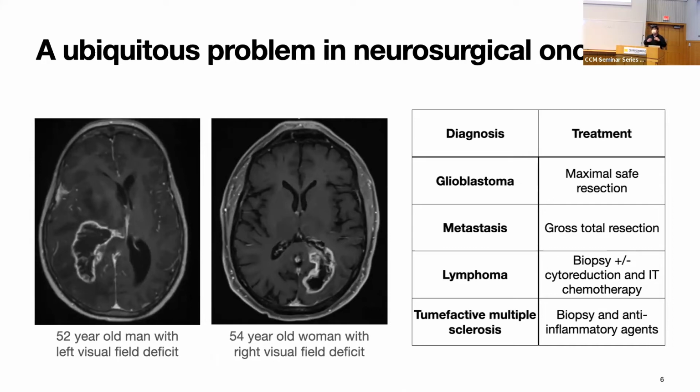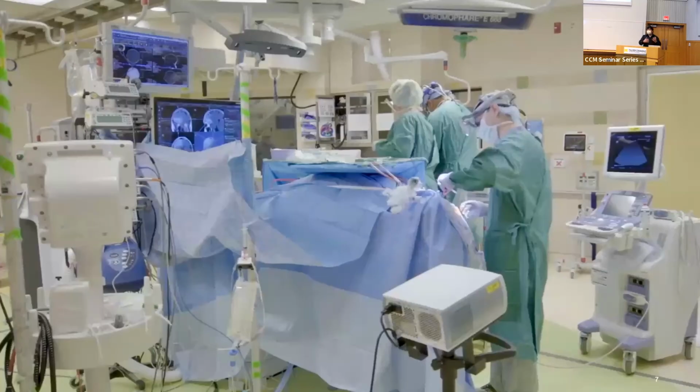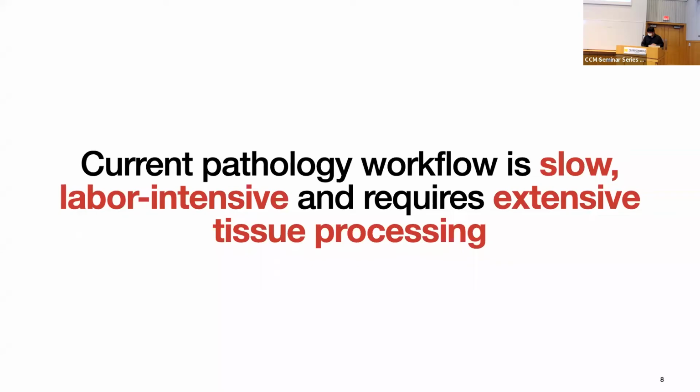So in order to have the right treatment, we have to know the diagnosis. And typically to get the diagnosis, you have to access the surgical specimens. So typically what happens is these patients will get into surgery and a slice of their tumor will be taken out surgically, and the specimen will then undergo a pathology workflow.